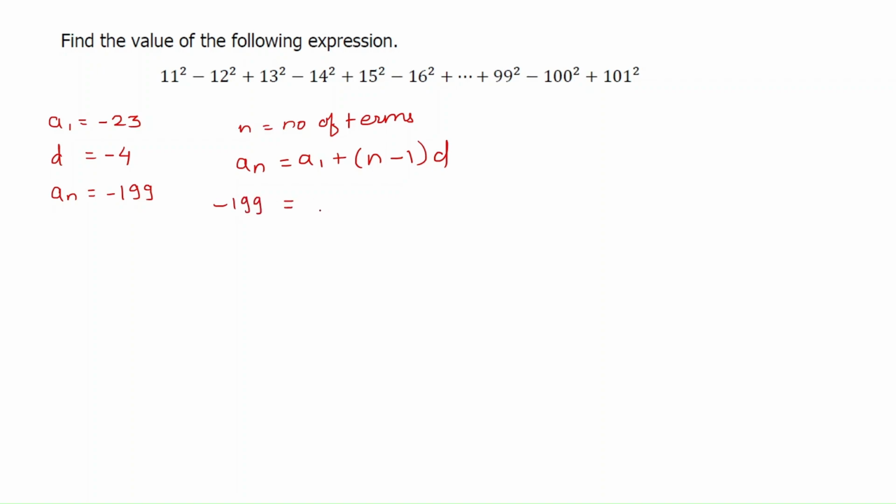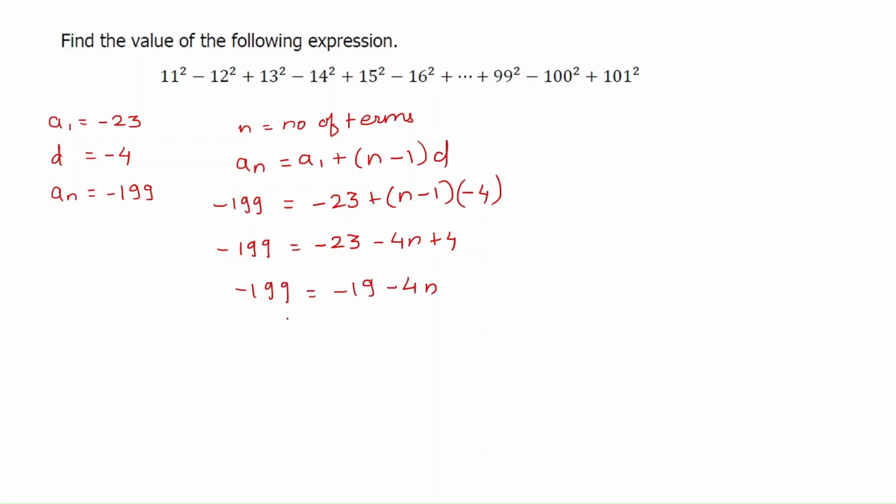Minus 199 equal to minus 23 plus n minus 1 into minus 4. So minus 199 equal to minus 23 minus 4n plus 4.